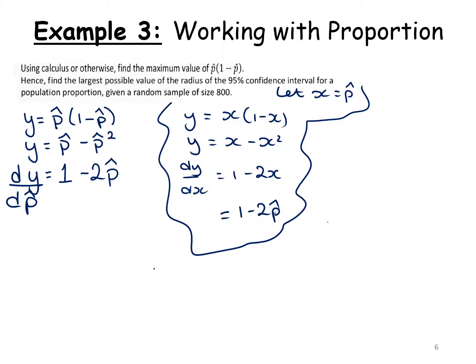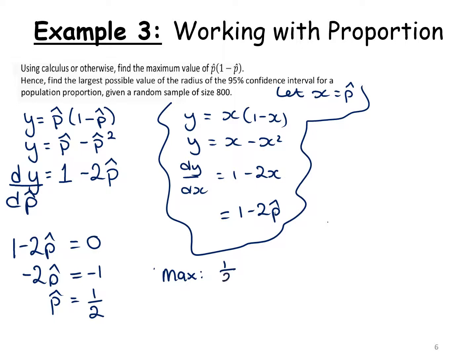Now we want to get a maximum value. So for the maximum, we let the derivative 1 minus 2p hat equal 0. Again, you can leave it as x if this is too confusing. And we get minus 2p hat is equal to minus 1. So p hat is minus 1 divided by minus 2, which is a half. So the maximum will happen when we have p hat equal to a half, so 1 minus a half.